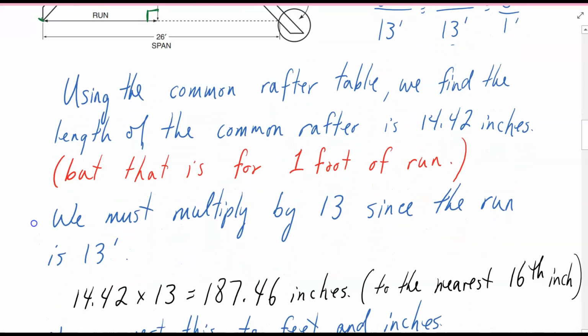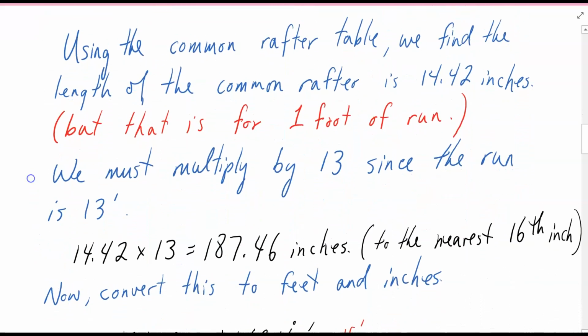So the 14.42 gets converted into, remember, this is per 1 foot. We multiply by 13 feet, and we have a common rafter length of 187.46 inches. Let's see if we can convert this to the nearest 16th of an inch.